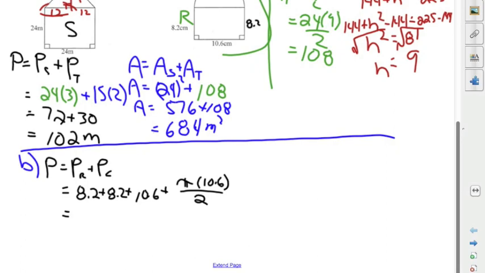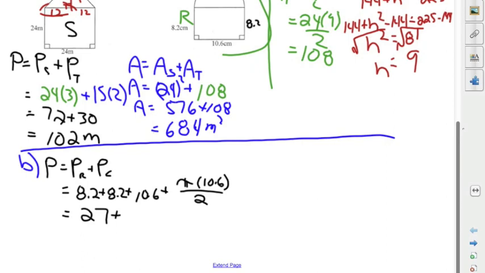So this is 16.6 plus 10.6. What was the formula for circumference?